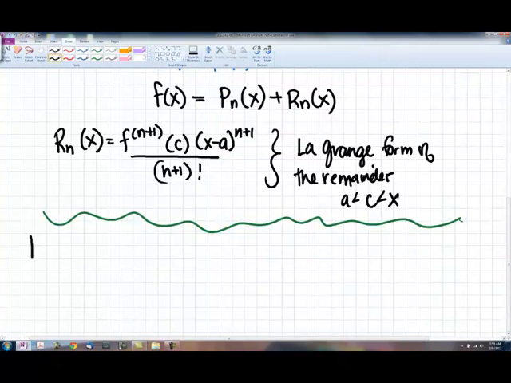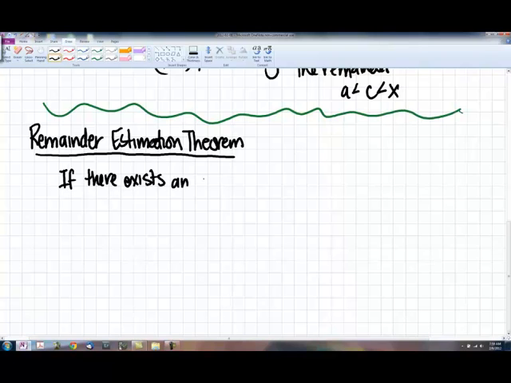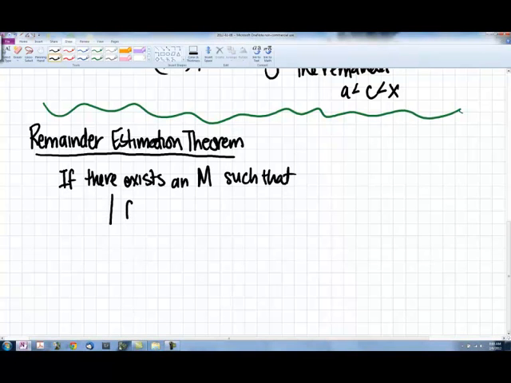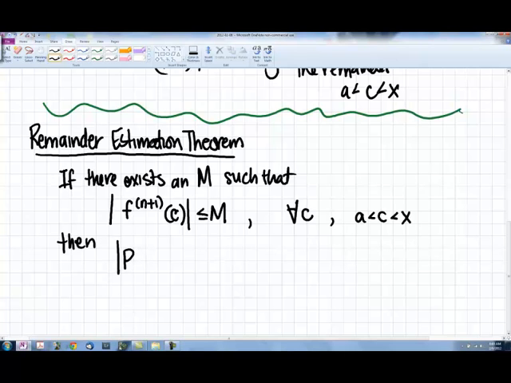Now this is going to bring us to something called the remainder estimation theorem. If there exists an M such that the absolute value of the n plus 1 derivative at c is less than or equal to that M, for every c where c is between a and x, then the absolute value of your remainder is going to be less than or equal to M times x minus a to the n plus 1 power over n plus 1 factorial.